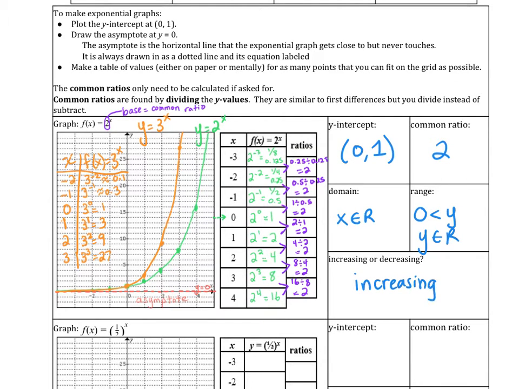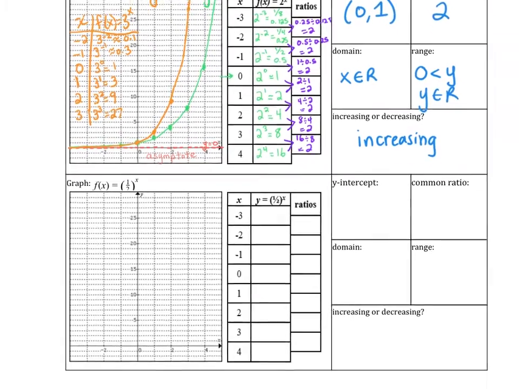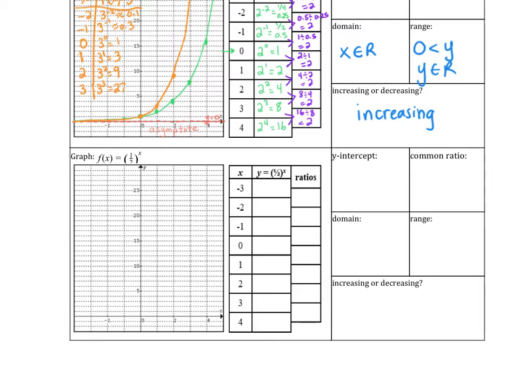Now what we're going to look at is a graph where the base is a fraction. So if it doesn't show up on your sheet, this is 1/2 to the x. So there's basically 4 things we are looking for when you're graphing these.